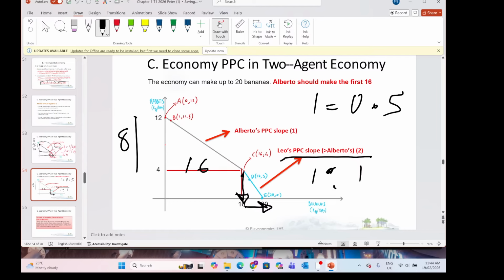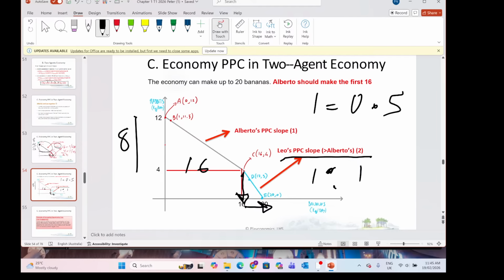We put them together, and now we have Alberto and Leo in one economy. And this means that Alberto and Leo could, if they wanted to, between them have 12 rabbits, or they could between them have 20 bananas. And they can have any combination they want.